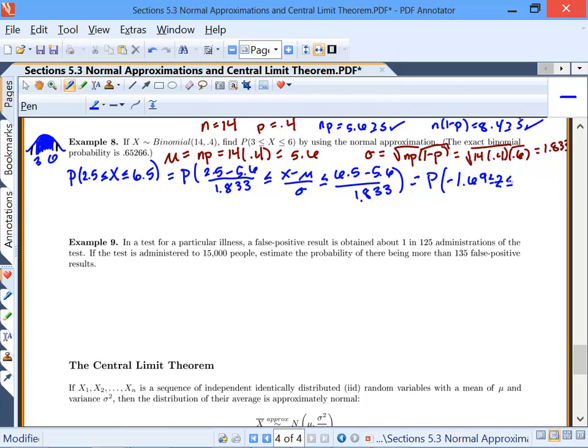So z, because we standardized, so now we have z's. Z is between negative 1.69 and 0.49.